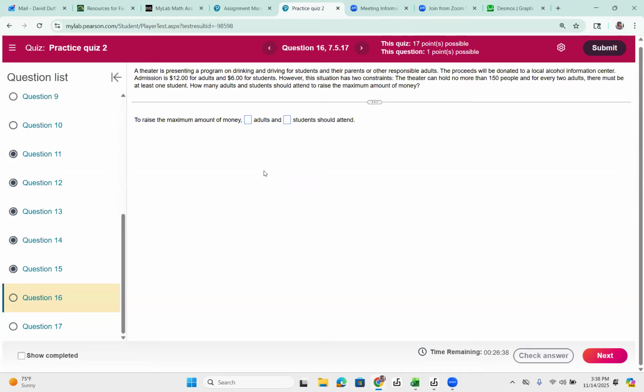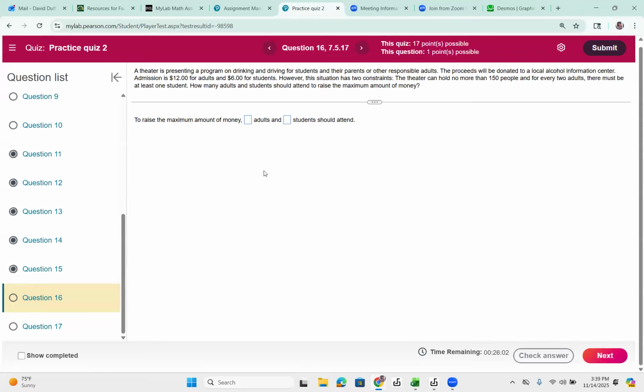So I'm going to start with a clean page here. This is easily the hardest problem of the semester so far. A theater is presenting a program on drinking and driving for students and their parents. The proceeds will be donated to a local alcohol information center. So look at the actual question: to raise the maximum amount of money. What does that mean?